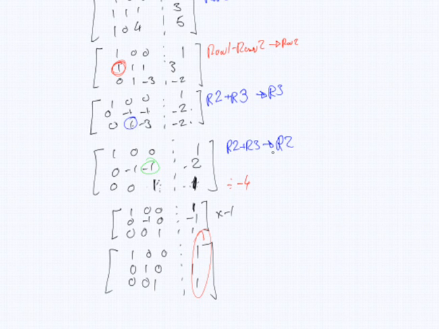The answer must go on row 1 or row 2. You couldn't put it on row 3, it must be on 1 or 2. So you can choose. I choose row 2. And what else should we do? Row 1 plus row 3 and put the answer on row 3.